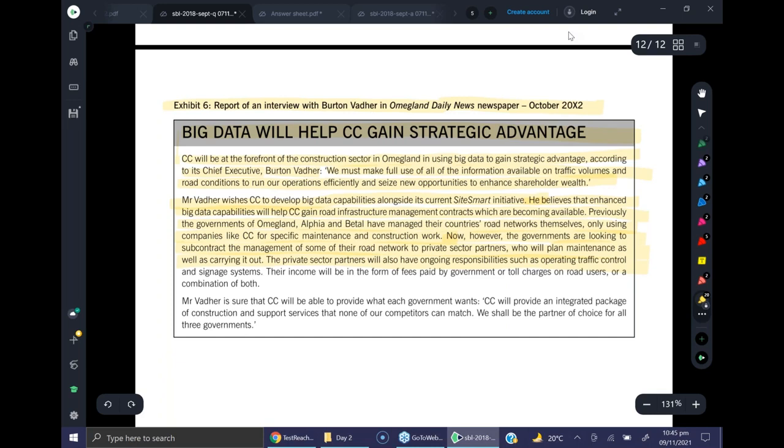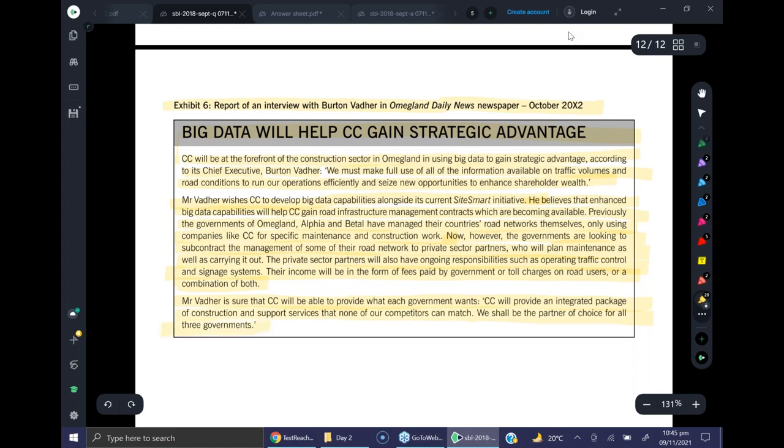Their income will be in the form of fees paid by government or toll charges on road users, or a combination of both. Mr. Vader is sure that CC will be able to provide what each government wants. CC will provide an integrated package of construction and support services that none of our competitors can match. We shall be the partner of choice for all three governments.